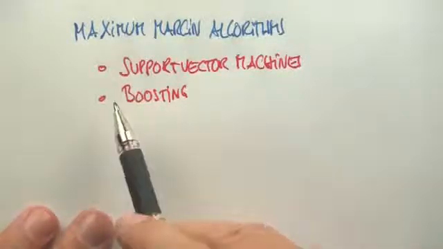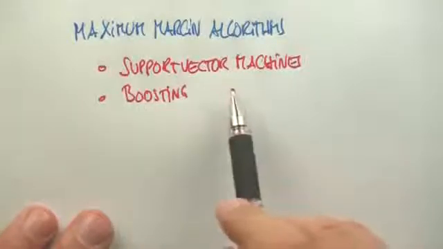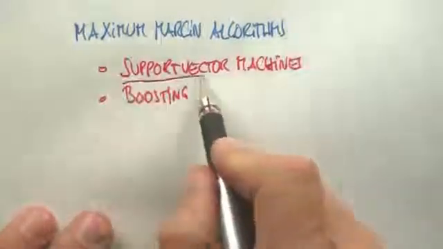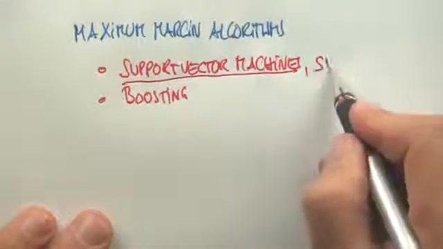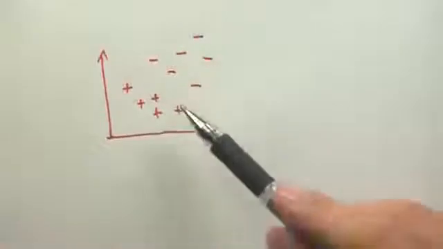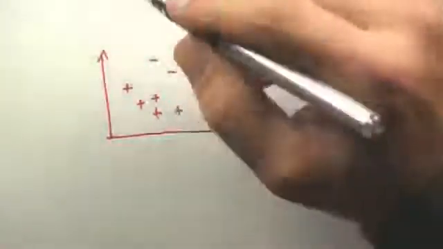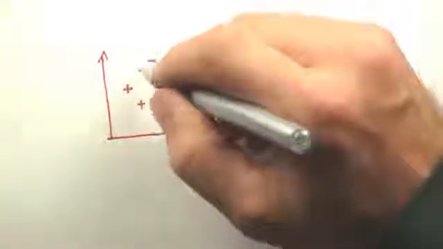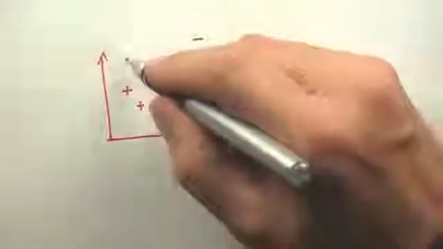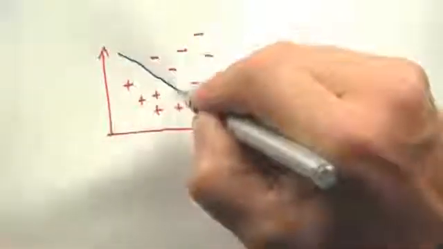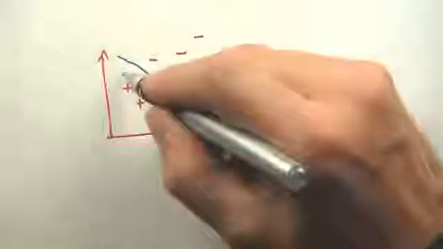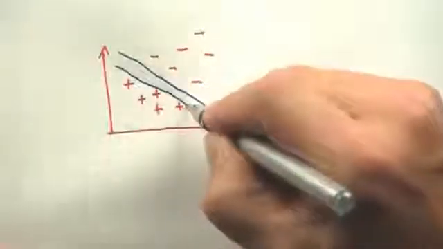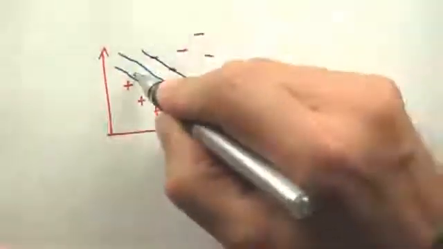But I'd like to say a few abstract words specifically about support vector machines, or SVMs. As I said before, a support vector machine derives a linear separator and picks the one that actually maximizes the margin, as shown over here.